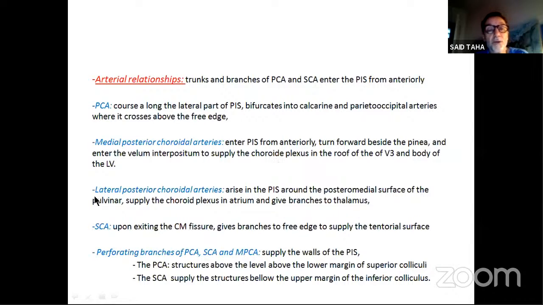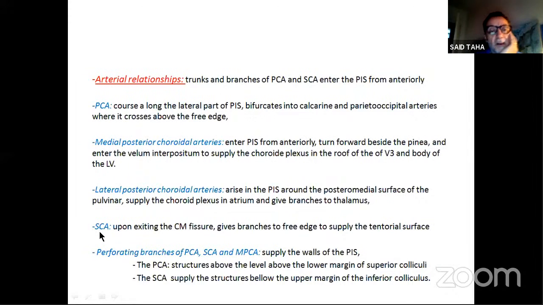The lateral posterior choroidal artery arises in the posterior incisural space around the posterior medial surface of the pulvinar, supplies the choroid plexus of the atrium, and gives branches to the thalamus.